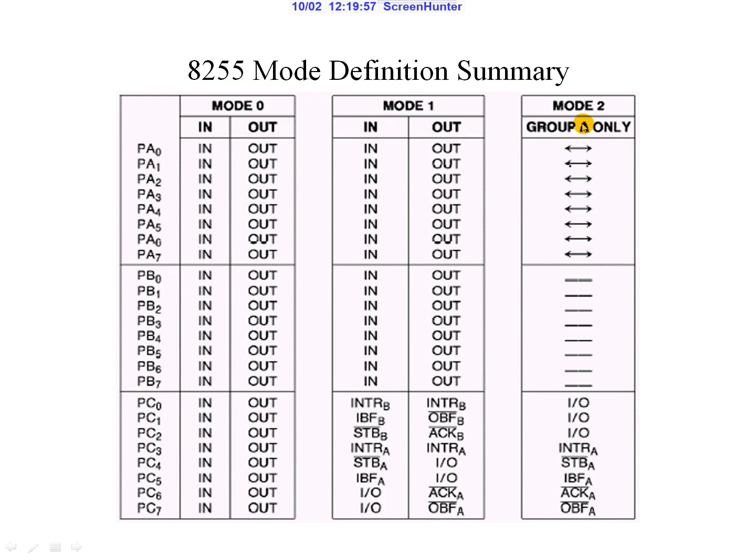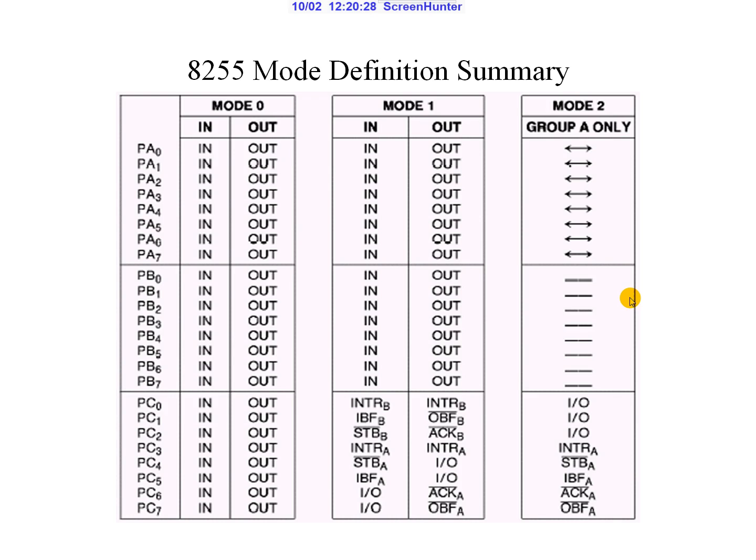So these are all the control signals that are going to be used for mode 1. And for mode 2, group A is going to be bidirectional, and group B is going to be used as either mode 0 or mode 1, but port C is going to be used for some control signals for the bidirectional operation and the group B's mode 0 or mode 1 operation.